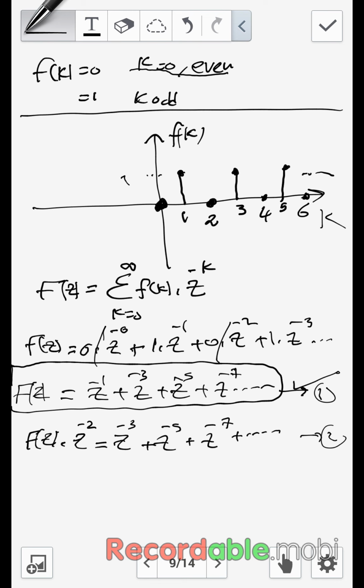alright, now if you subtract equation 1 minus equation 2, what you'll get here?